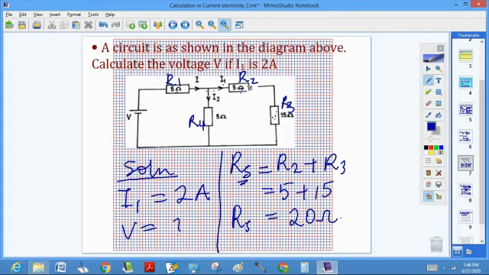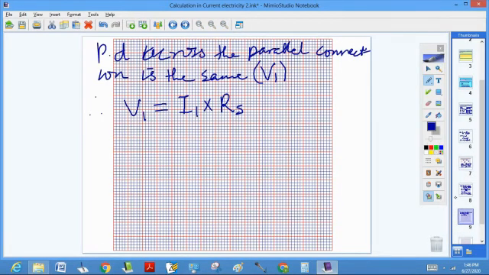So the overall resistance along that part is 20, which is RS. We are going to use it to find V across the parallel connection. So V1 is equal to 2 times 20, and that gives us 40 volts.